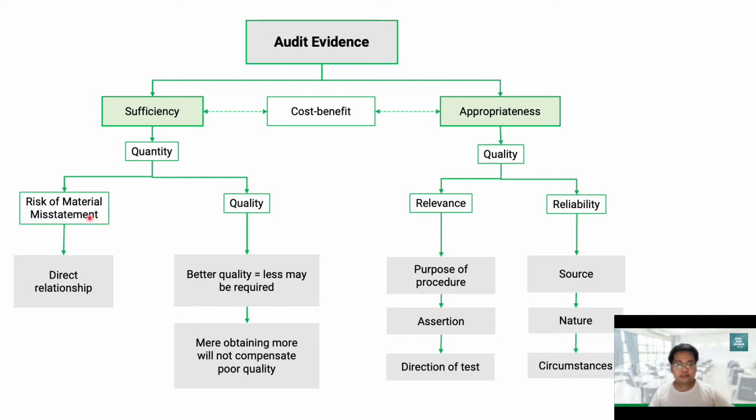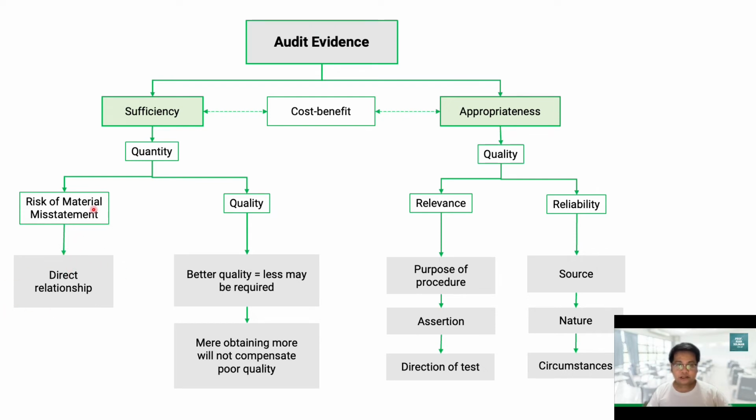We have the risk of material misstatement, and they have a direct relationship. Meaning to say, the higher the risk of material misstatement, the more evidence would be required to be obtained. And conversely, the lower the risk of material misstatement, the less may be required. That is why they are considered as having a direct relationship.